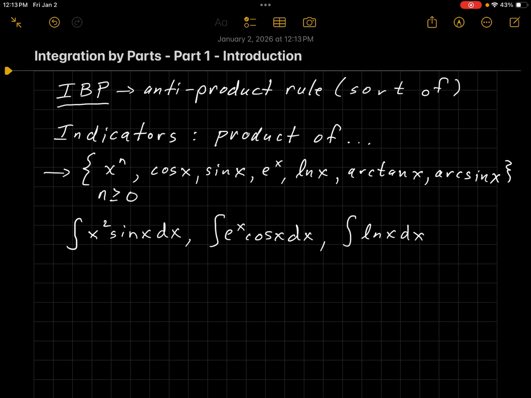But let's see where this rule comes from. So to start, let's define a couple functions. Let u be a function of x, and v be a function of x as well. So later on when we write u and v, we know it's really u of x and v of x.